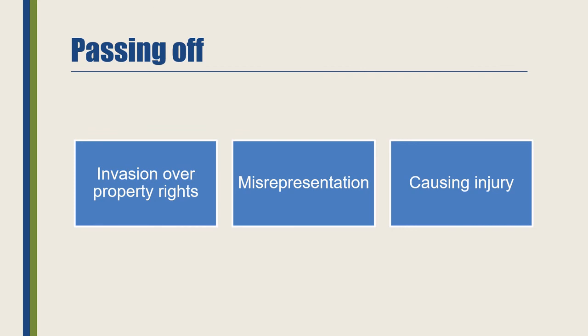Somebody else is selling low quality product and thereby it is affecting your reputation. The third element is that such activity of misrepresentation and misleading is causing you loss. If these three elements are present, you can file a suit in a civil court against passing off of your unregistered trademark.